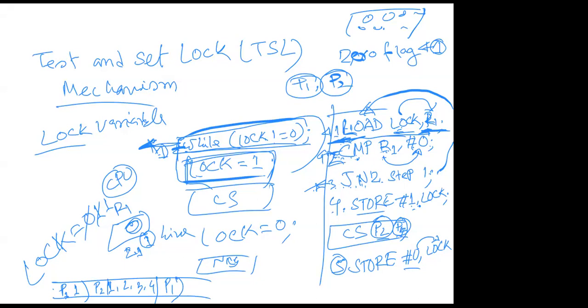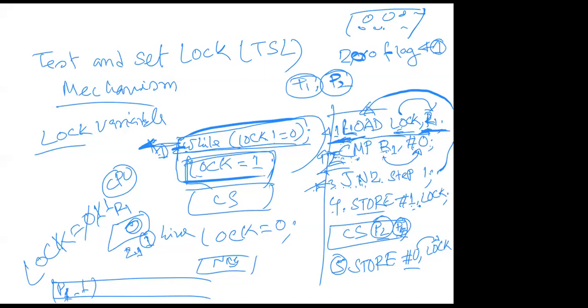Now check this: P1 is preempted after executing the second line. What happens? P1 gets the CPU and executes line 1.